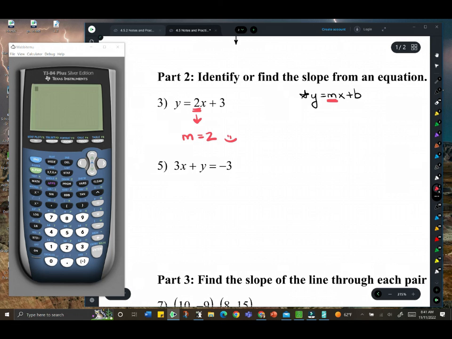And now we get to something a little more challenging. So first, we are not in slope-intercept form. So that is the first step to do. Solve for y equals mx plus b.